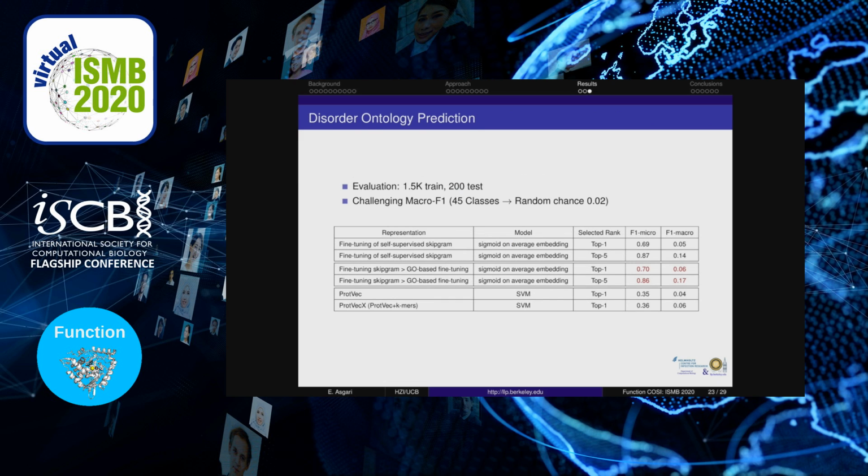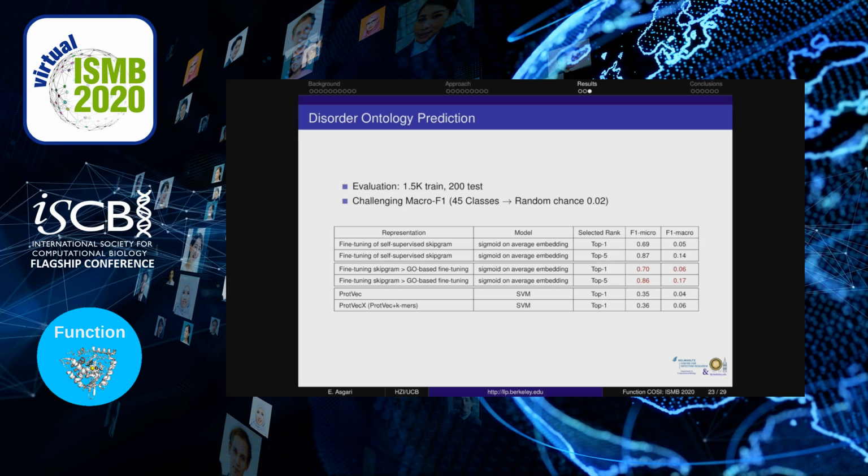And finally, for the evaluation of disorder ontology prediction, which is a multi-class classification task, we use 1,500 training instances and 200 test cases. We report both macro F1 and micro F1. The macro F1 is more challenging as we have 45 classes and the random chance would be around 0.02.